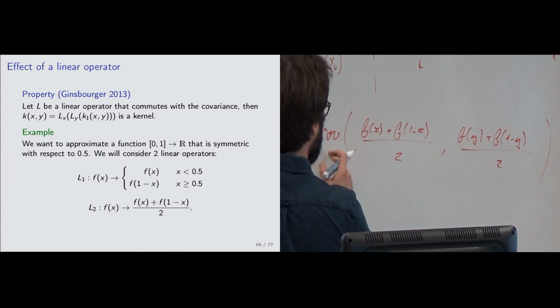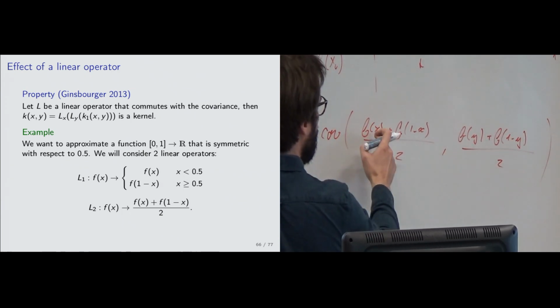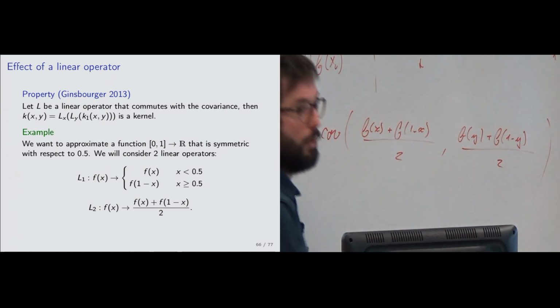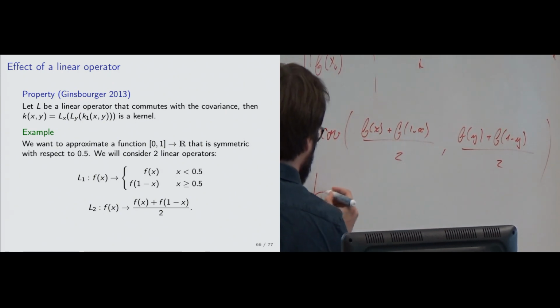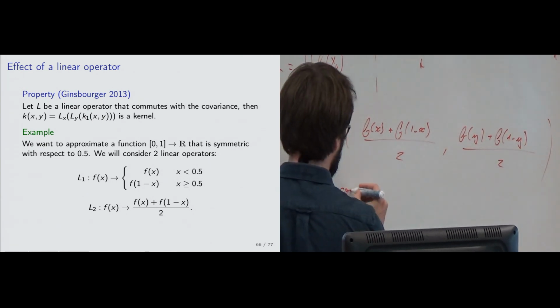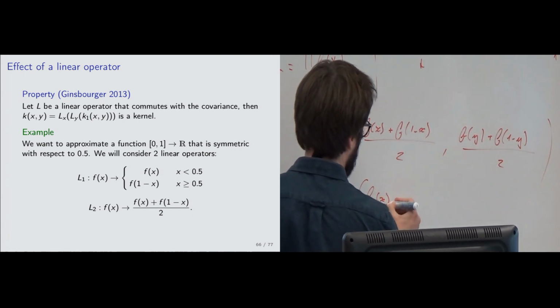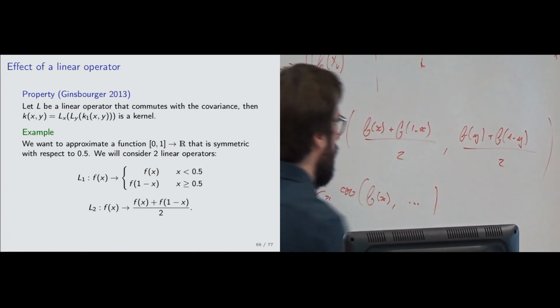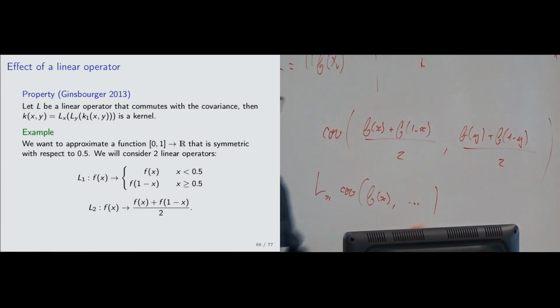So I can say this is the covariance of f plus the covariance of f of 1 minus x. So that can be seen as L, like an operator function of f, applied to the covariance between f of x and this guy, which is still there, right?